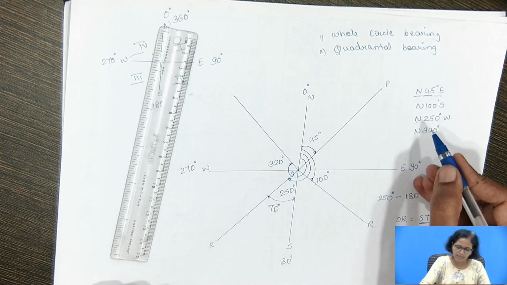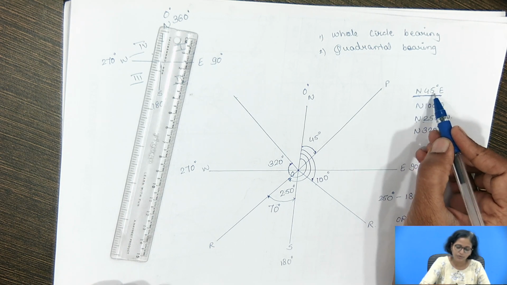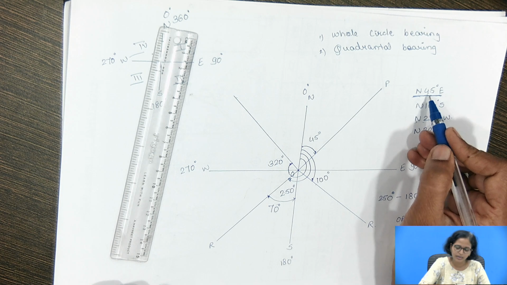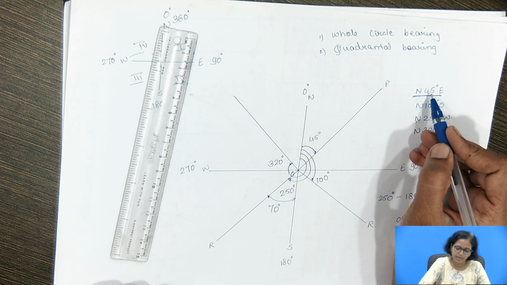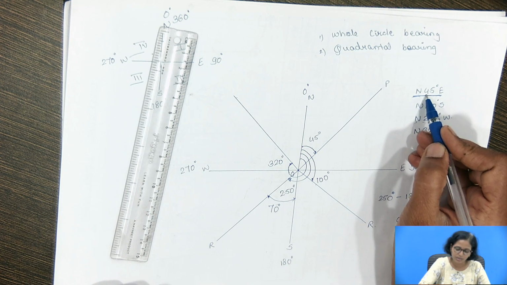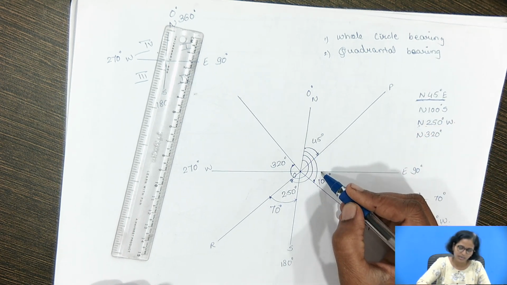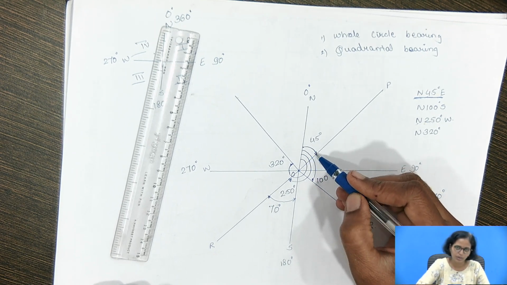Suppose the bearing, let's say, is north 45 degrees towards east. As the direction is mentioned, the angle of the survey line is 45 degrees with respect to east. So that is towards east it is moving. So the bearing has to be measured with respect to north.